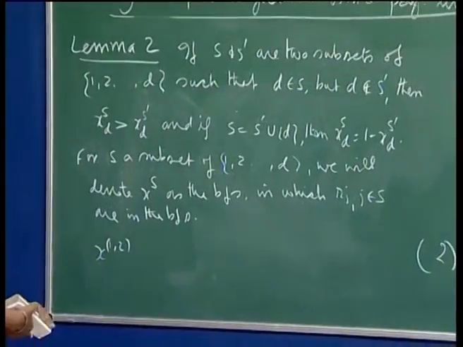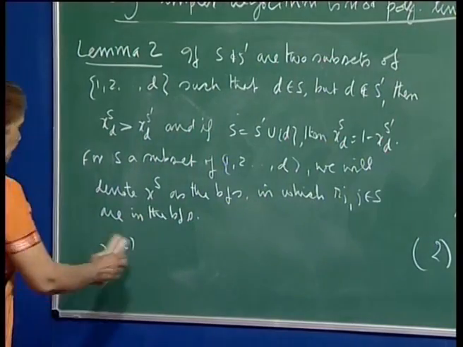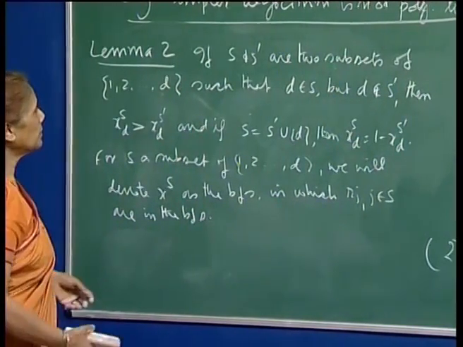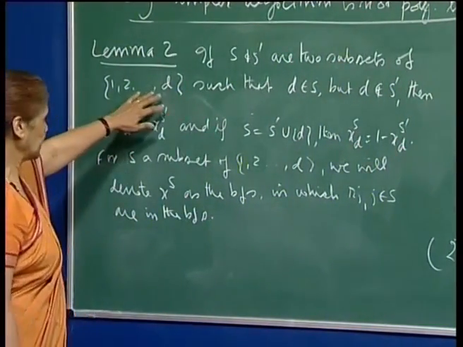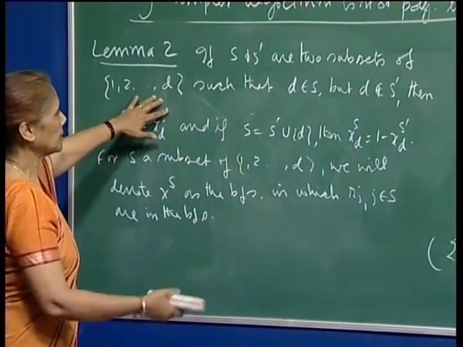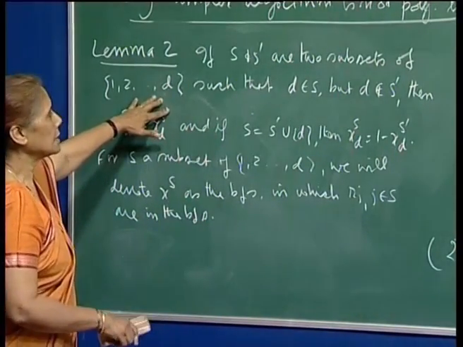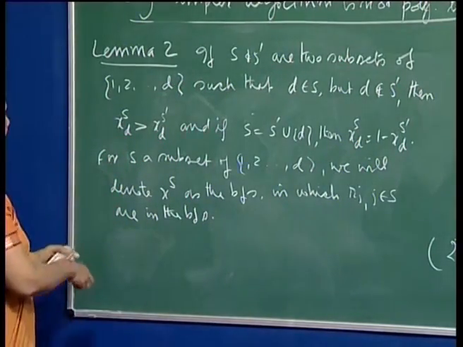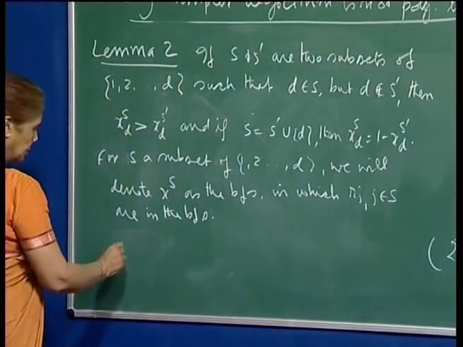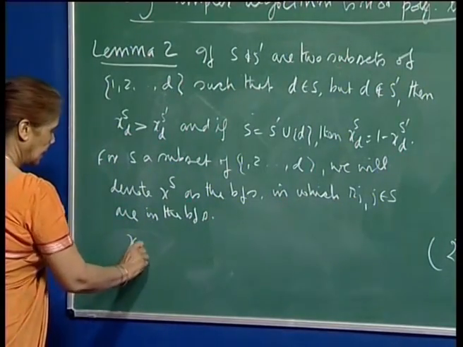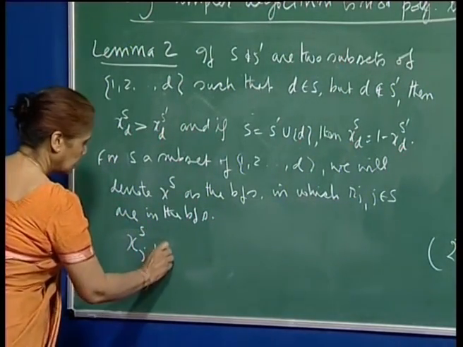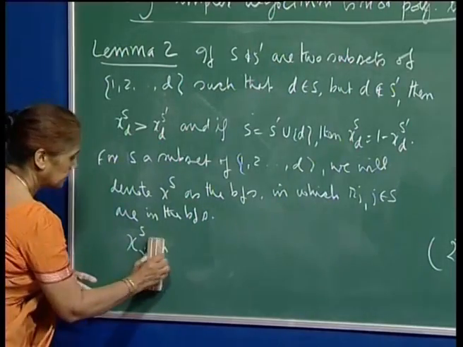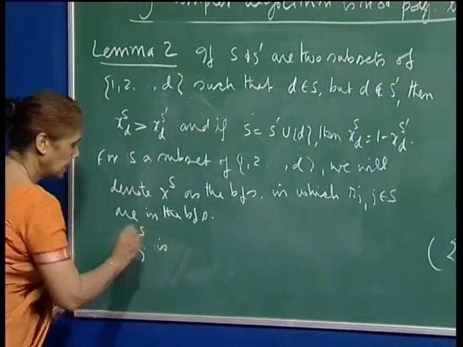Now the lemma says that if S and S prime are two subsets of this, such that d is present in S, but d is not present in S prime, then the corresponding x^S_d, the value of x_j in x^S, I need to go slowly.